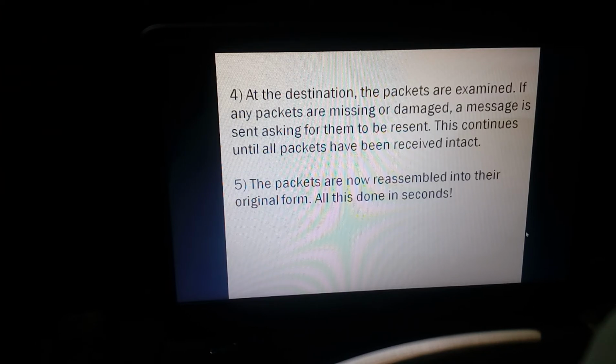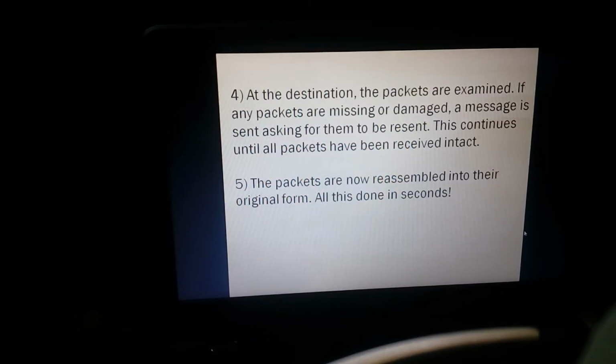Means this process happens within a fraction of a second. It takes very little time to reach the destination. We can't imagine the speed of the internet because all this process is done within a fraction of a second.